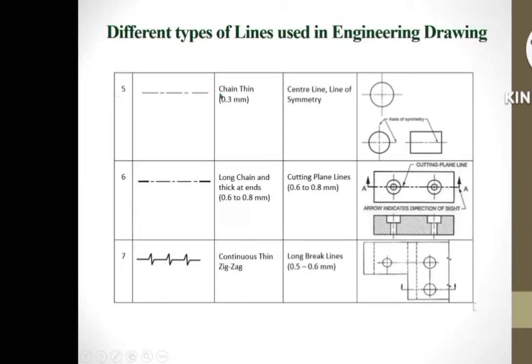Then number 5 is chain thin line, which is approximately 0.3 millimeter thick, and it is drawn as a long dash and a small dash alternate. It is used to draw center line and line of symmetry. Here in this example, we see a circle is drawn and a vertical center line and a horizontal center line is drawn by using chain thin line.